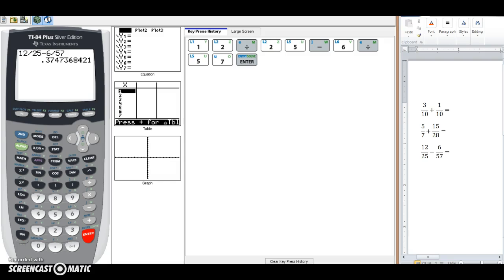So to convert that to a fraction, I need to press math, enter, enter one more time. And you see the final answer, 178 over 475. And you may not believe that, but this is actually reduced to the lowest term. Okay, so this is how you add or subtract fractions on your TI calculator.